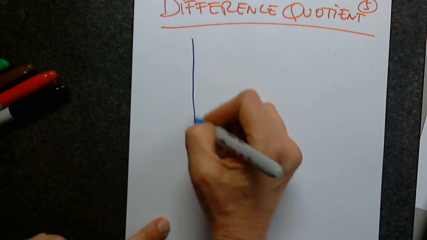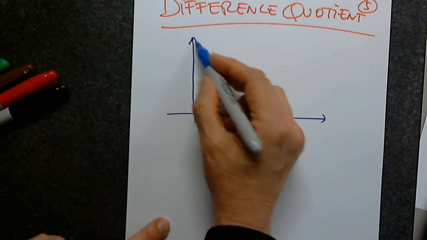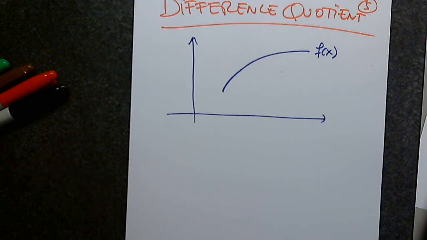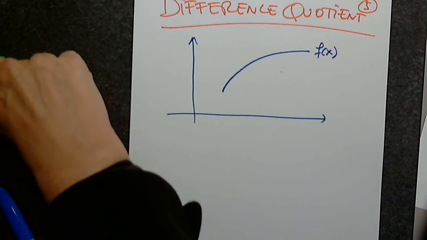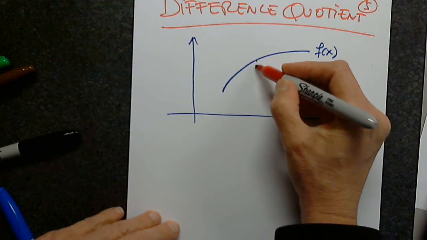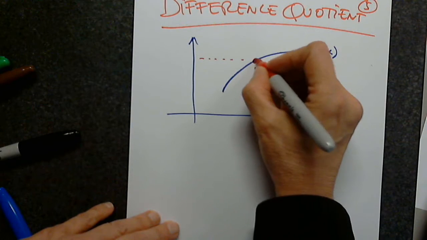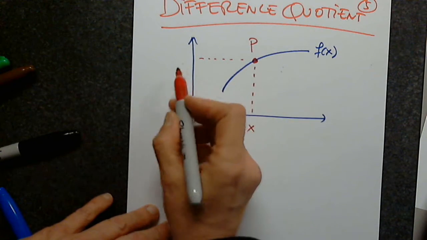Let's say we are looking at the graph of a function, here it is, function f of x. Let's say this is a distance function. And let's suppose I am asked to find the instantaneous velocity at this point. I'm going to call it point P.